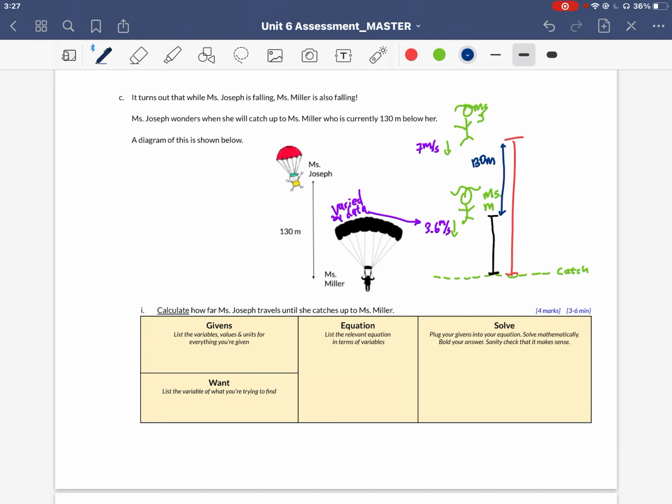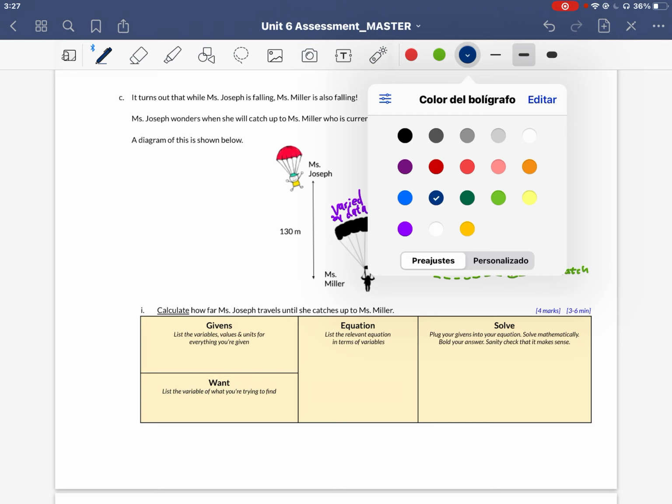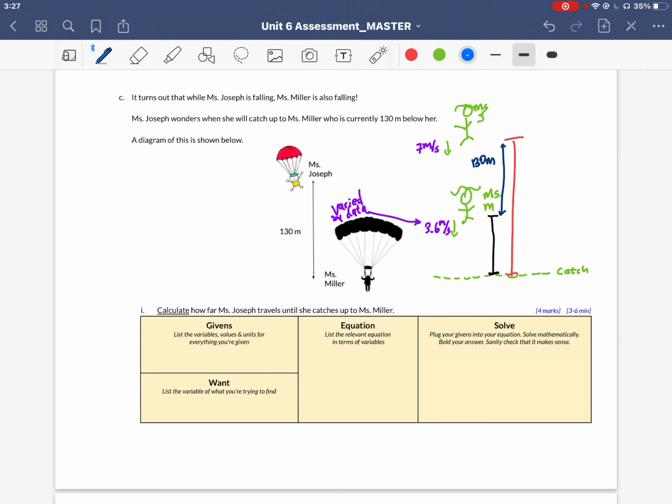All right, so I'm going to call this distance that Miss Joseph needs to fall x, because we don't know what it is. What does that make this distance that Miss Miller is going to fall? Well, x minus 130, because this total distance is x, and then we start off with a 130 meter difference between the two. All right, so what are our givens?